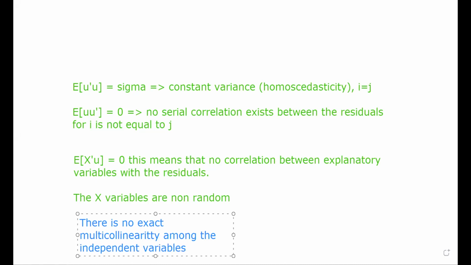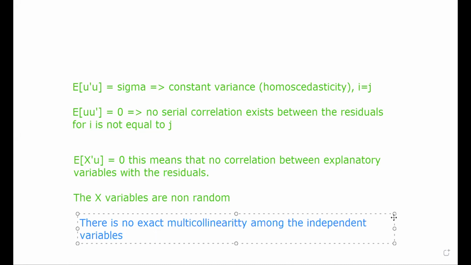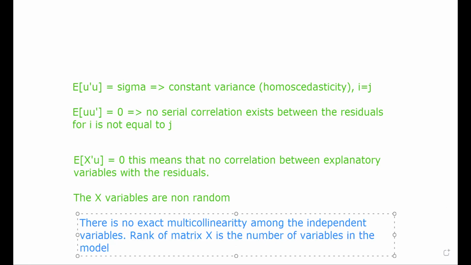We state in matrix notation that the rank of matrix X is the number of variables, to guarantee that the parameters can be estimated using the data.